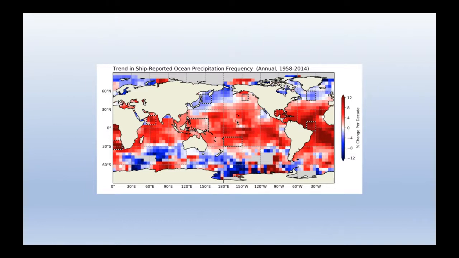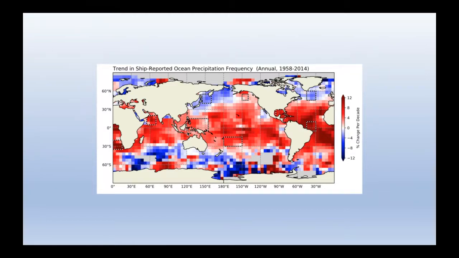And the striking thing about this plot to me is that most of the temperate zones and tropical zones show a rather pronounced positive trend in total precipitation frequency. This is annual. We're taking just all the ships for a given year, we're throwing them into one pot, we're not discriminating by season or month or anything else, but we're doing it geographically, and these are the maps that fall out.